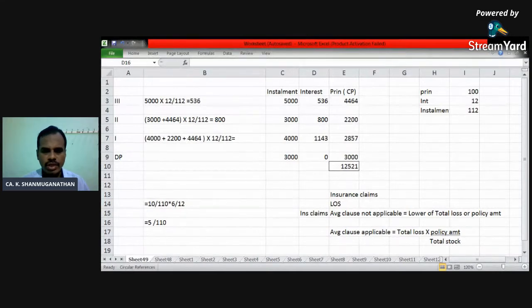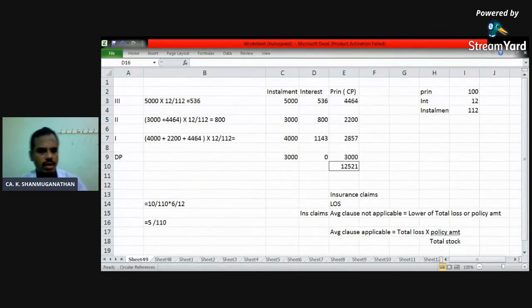Purchases up to 2/6/2015 do not include goods worth 30,000 received from suppliers, as the invoice was not received up to the date of fire. These goods have remained in the godown at the time of fire. Value of stock salvaged from fire 22,500, and this has been handed over to the insurance company.